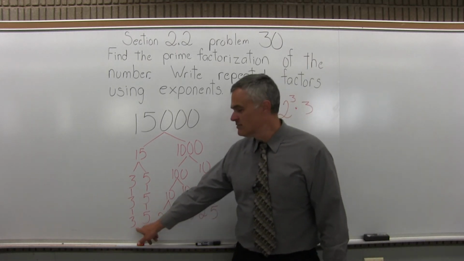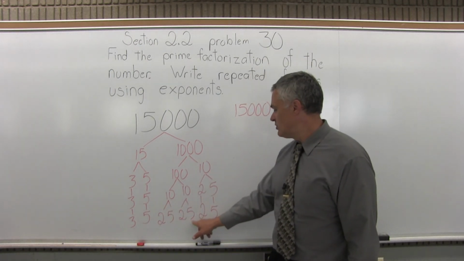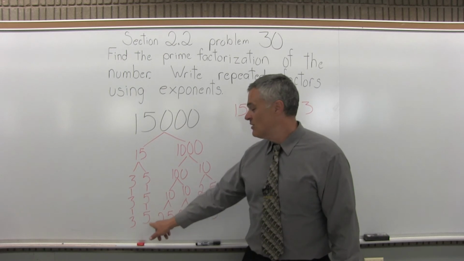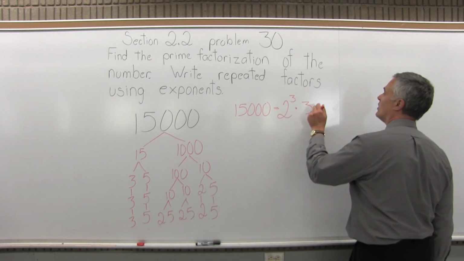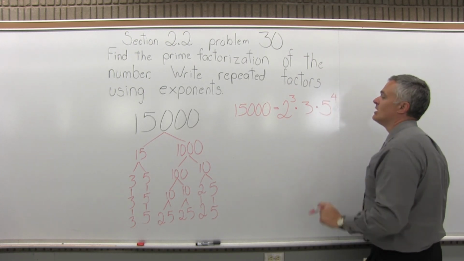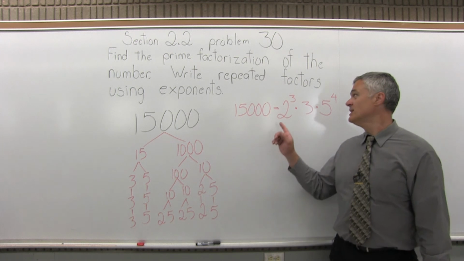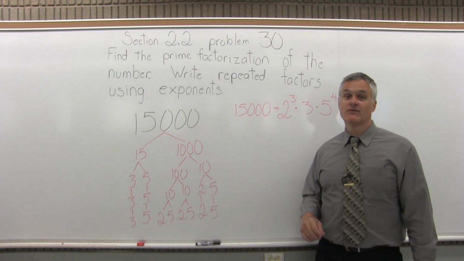Only 1. So I just put 3. And then times 5. 1, 2, 3, 4 times I have a 5 show up, so that would be 5 to the 4th power. So 15,000 equals 2 to the 3rd power times 3 times 5 to the 4th power.